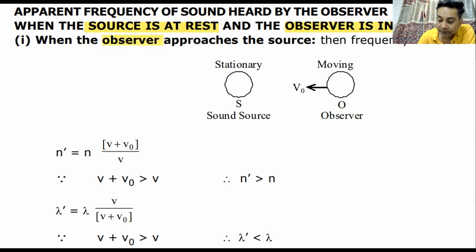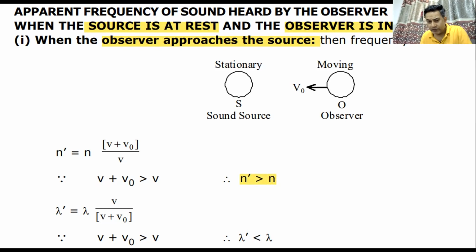Case number 1, the observer approaches the source. The observer is coming nearer to the source. In this case, the frequency that you will hear will be more than the frequency of the source.